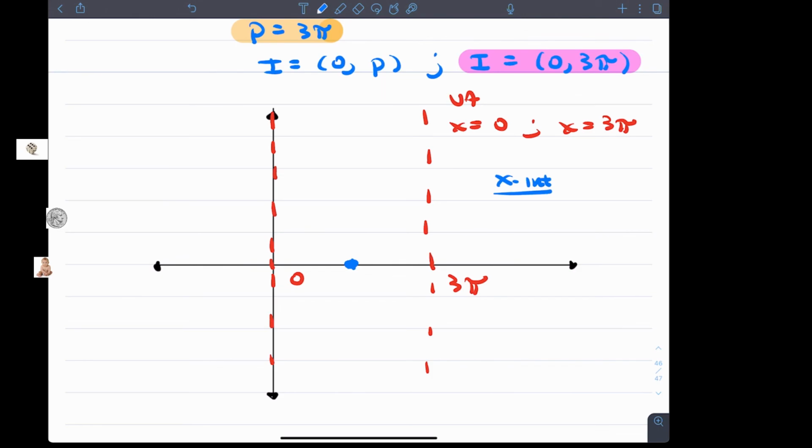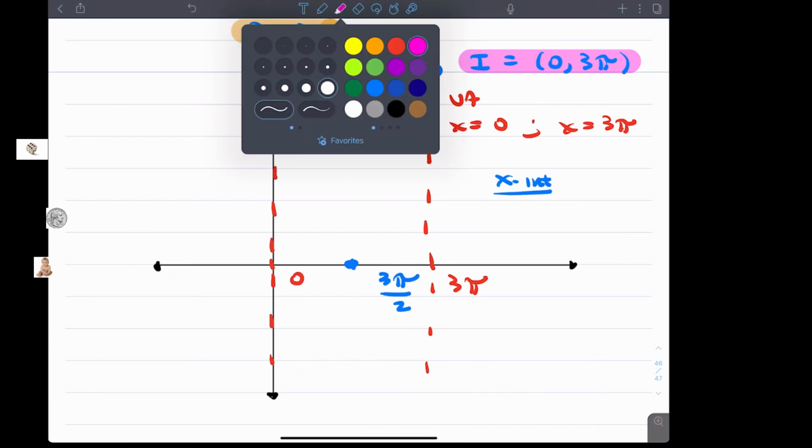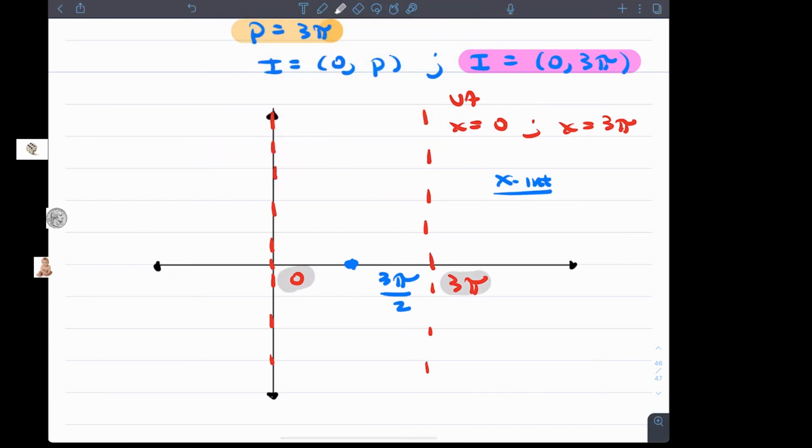Because that's on the x-axis. What's the x-intercept? 3 pi over 2. It's halfway between 0 and 3 pi. Halfway between those two numbers. You add them, 0 plus 3 pi is 3 pi. Divide by 2. There you go. Okay, you guys okay with that part?